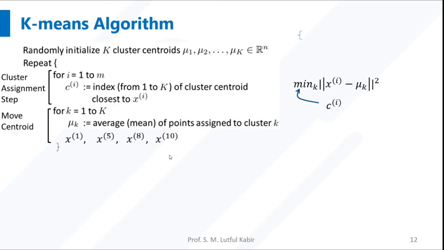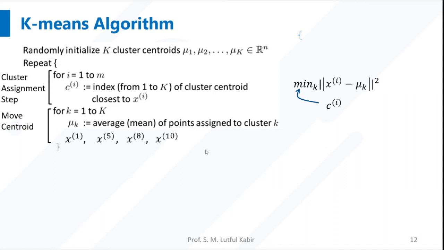Let us say the data points x1, x5, x8 and x10 are components of the second cluster. That means these points are closest to the second center rather than the first center.